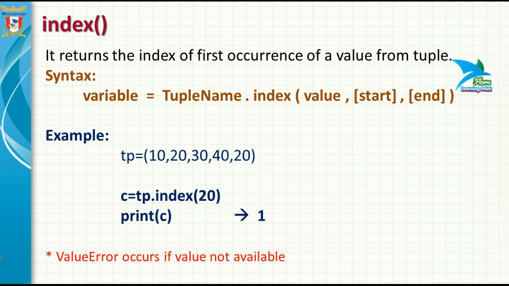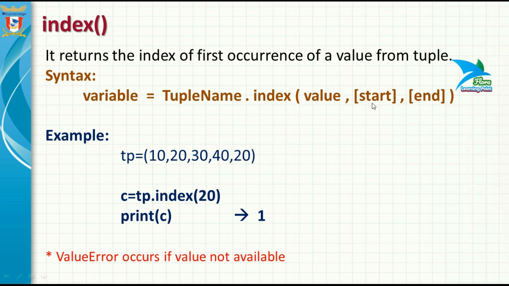Next we have index function. It returns the index of first occurrence of a value from tuple. So that means you can also make use of this index function to search a particular element from a tuple. So you have to specify the name of tuple, then dot index, then we are having one required element and two optional element.